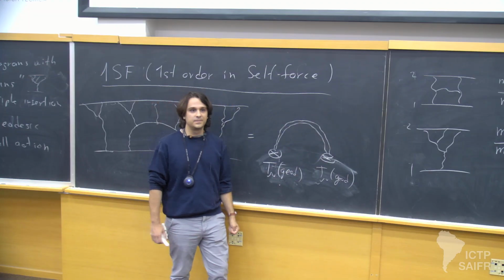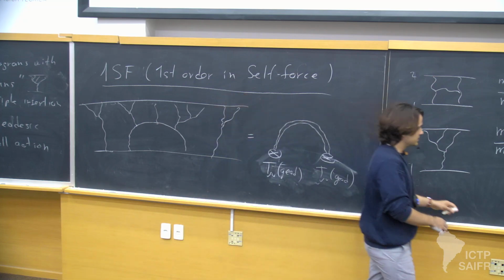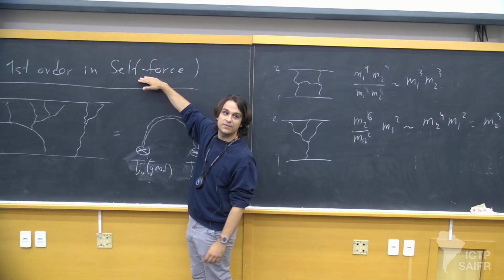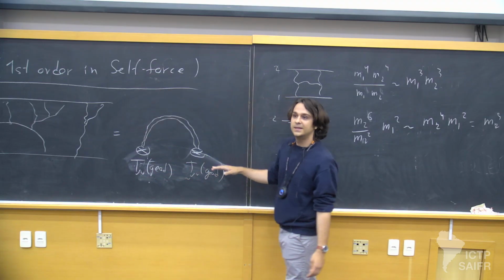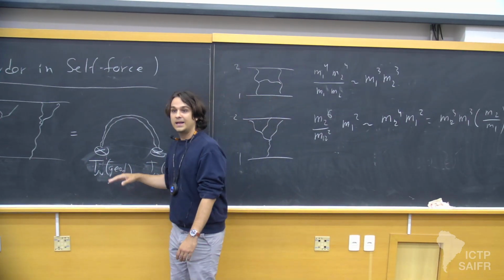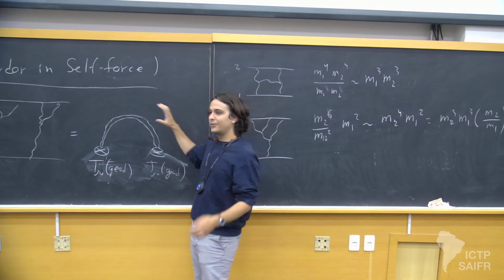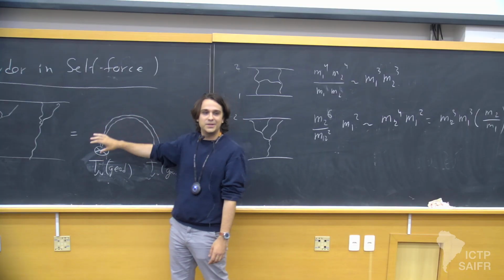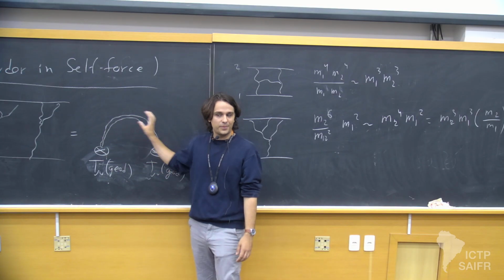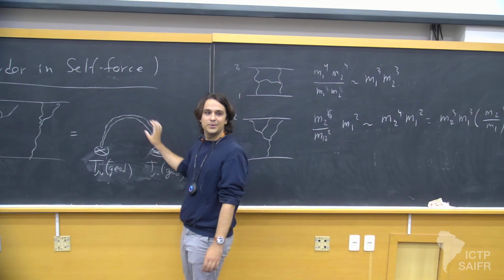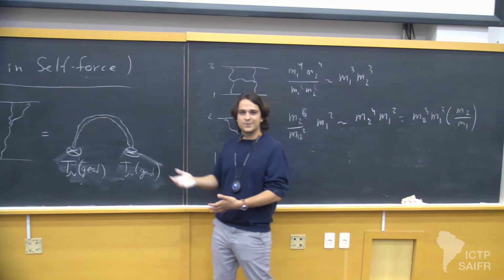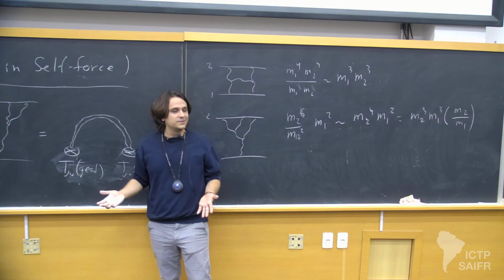Okay. So there's a whole method in classical GR called self-force where they do these calculations in position space. And it's very tricky because they do this calculation fully non-perturbatively. So they compute this propagator. Okay, this is the propagator in the Schwarzschild background. There is no formula for this. We can only compute this numerically because we have to solve something like the wave equation with a source in the Schwarzschild background.